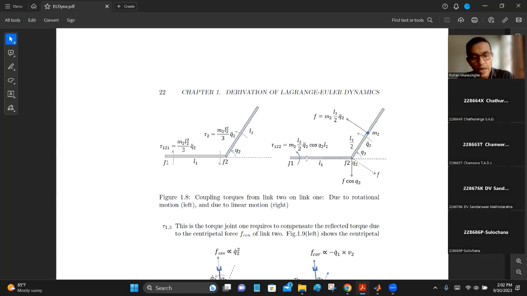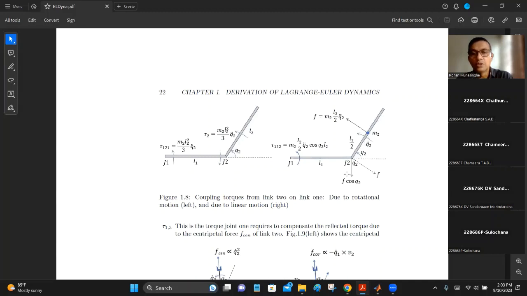How do we calculate the force felt by link 1 because of the acceleration of link 2? It is by resolving this force into two components, right?